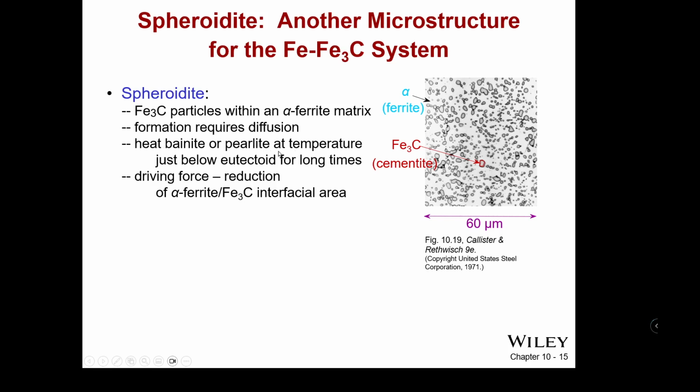You heat bainite or perlite at a temperature just below the eutectoid for a long time to get these. That drives the diffusion, allowing the kinetic energy for diffusion to happen. It's a reduction of the interfacial area, trying to get small droplets. It's the same kind of driving force, effectively, that makes water droplets and oil droplets coalesce together.